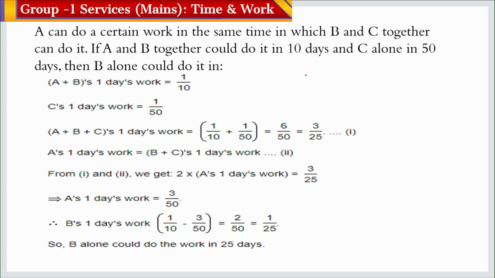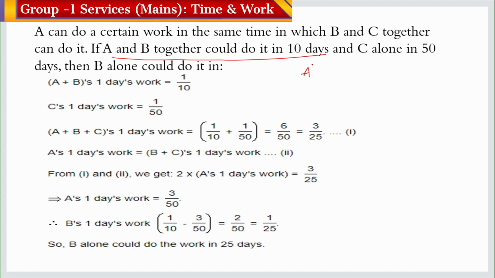A can do a certain work in the same time in which B and C together can do it. Okay, and if A and B together could do it in 10 days, C alone in 50 days, B alone can do in how many days? That's the question. A and B together can do the work in 10 days.